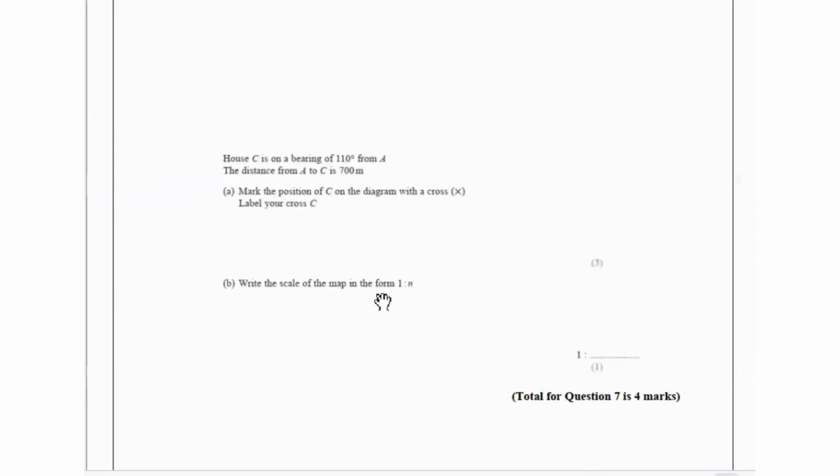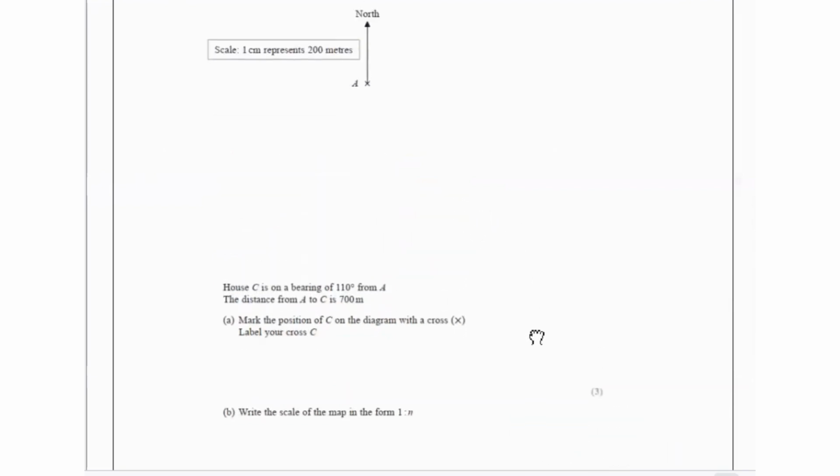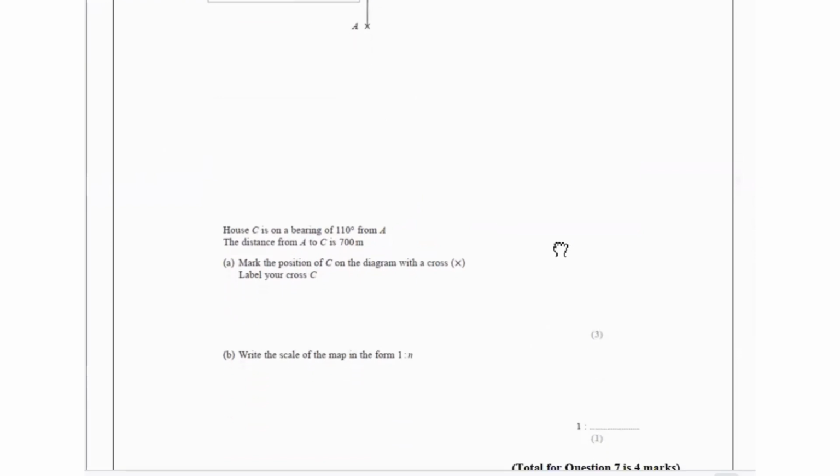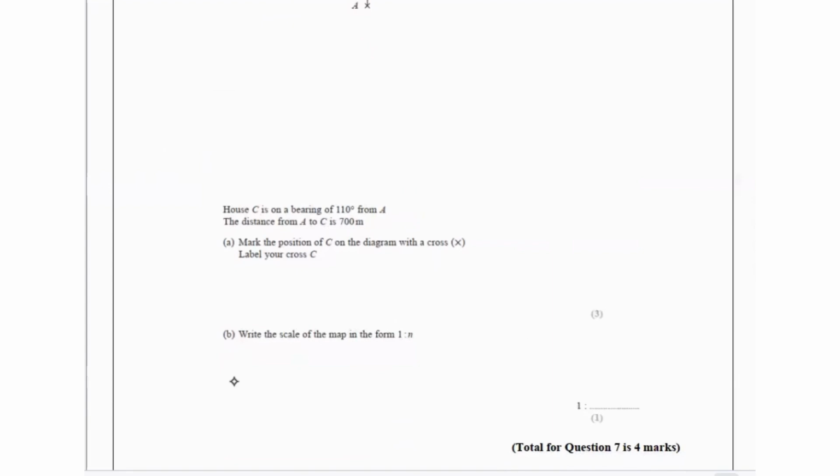They're saying write the scale of the map in the form of 1:n. So they've already told us that 1 centimeter equals 200 meters. So to convert it in the form of 1:n, we need to basically convert the 200 meters into centimeters. 1 meter equals 100 centimeters.